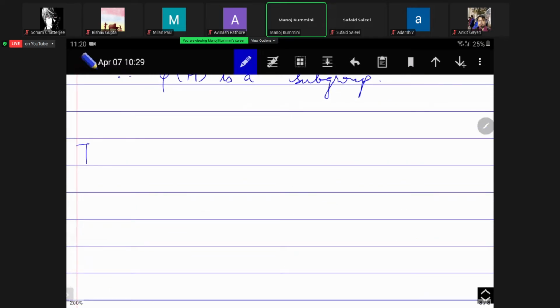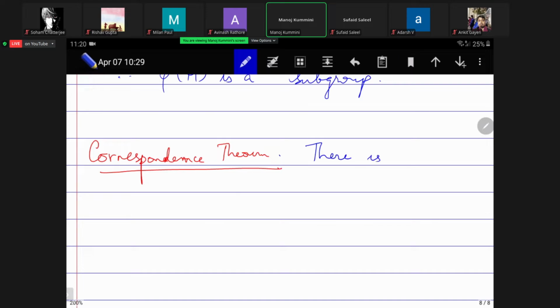So now I will write what is sometimes called the correspondence theorem. There is a bijective correspondence. Let phi from G to G prime be a surjective group homomorphism.